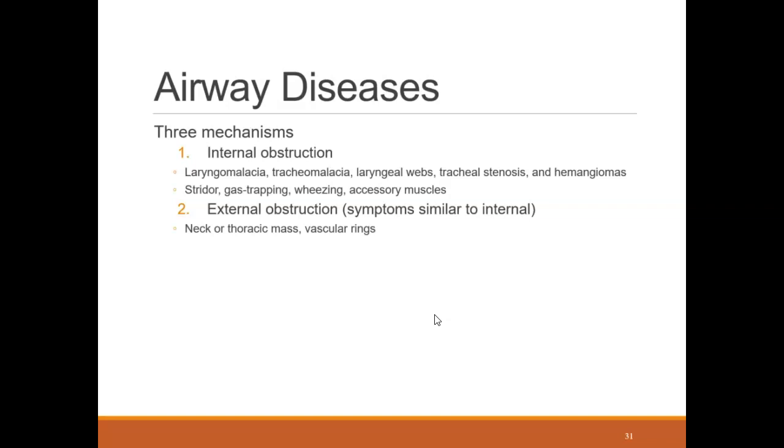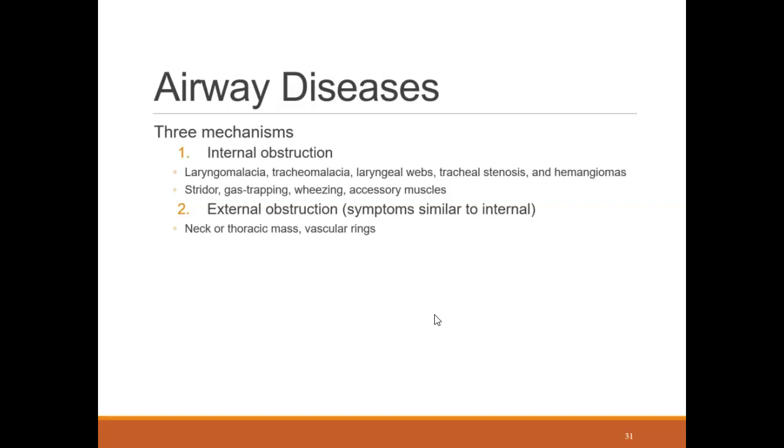Hemangiomas are like blood blister type things inside the airway. Stridor, gas trapping, wheezing, and accessory muscle use are going to be the clinical manifestations of those internal obstructions. With external obstructions, the symptoms are going to be very similar.